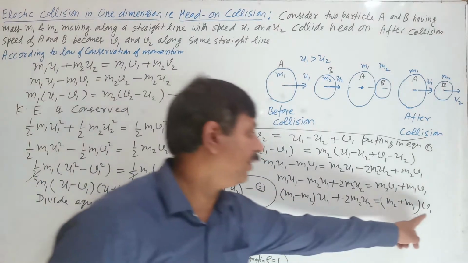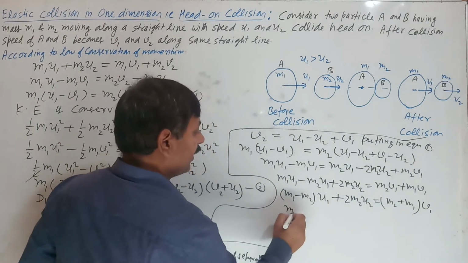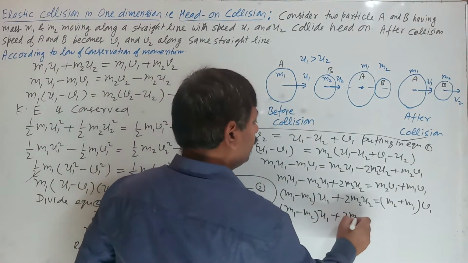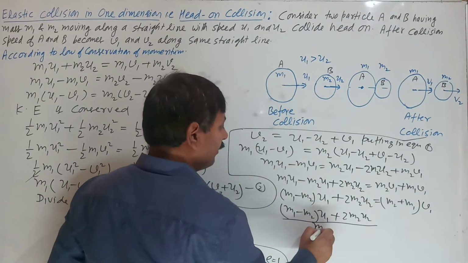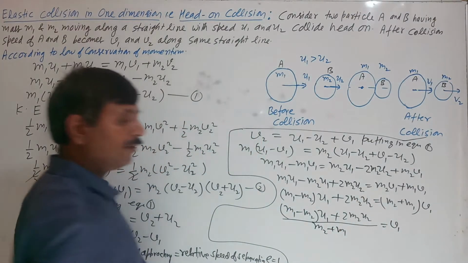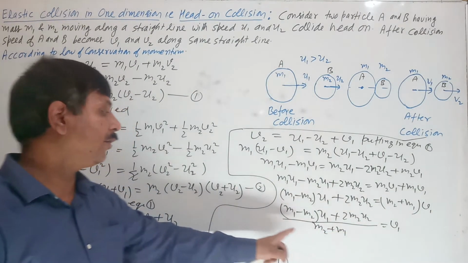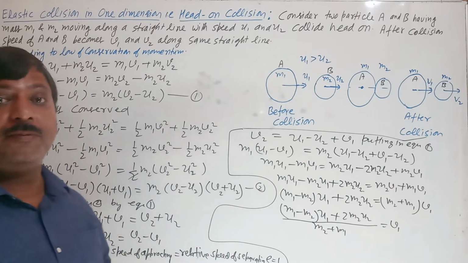So what will be the v1? This I have taken left-hand side. So this is m1 minus m2 u1 plus 2 m2 u2 divided by m2 plus m1. This is the velocity, velocity v1 in terms of mass and initial velocity before collision.